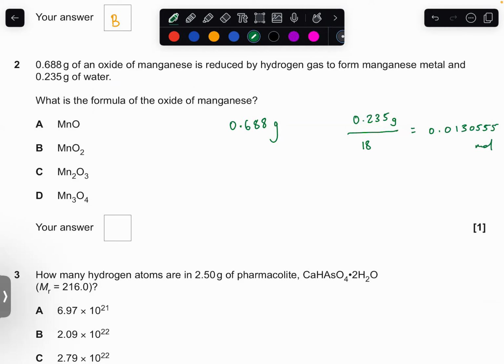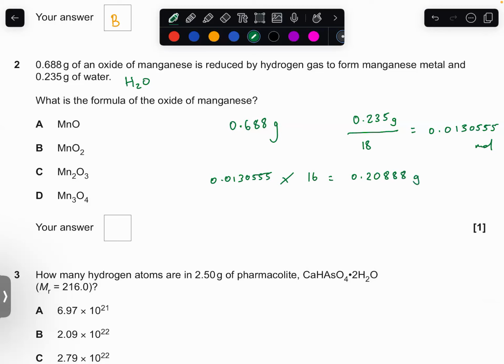Now, the number of moles of oxygen on its own in that water is what we need to work out. So if we take that number of moles and multiply it by 16, which is the Ar of oxygen, that gives us 0.20888 grams.